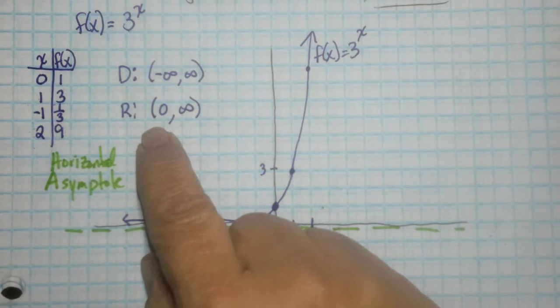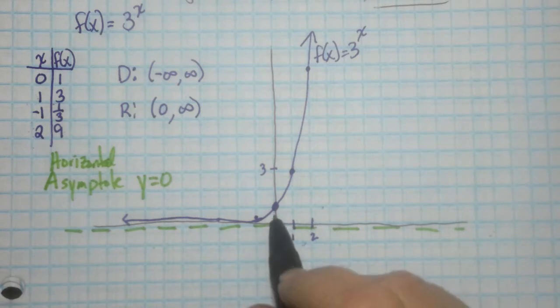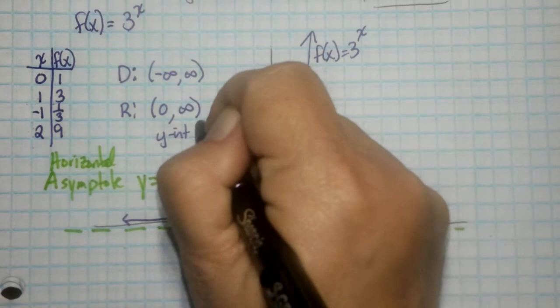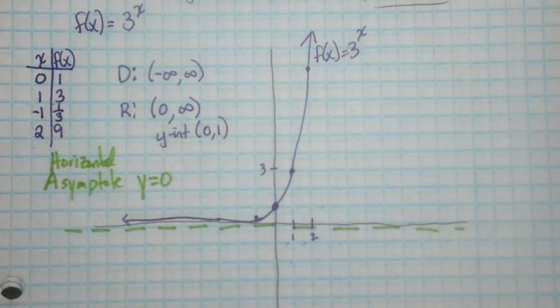Parentheses indicating I'm getting as close to 0 as I can, but I'm not touching it. And then another important feature of this graph is our y-intercept. Our y-intercept is right there at the point 0, 1. And we might note that this graph has no x-intercept.